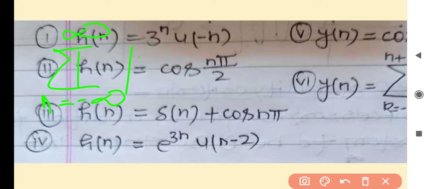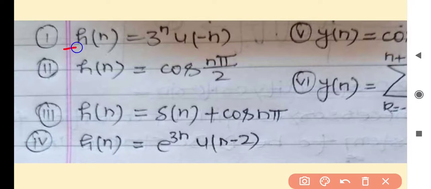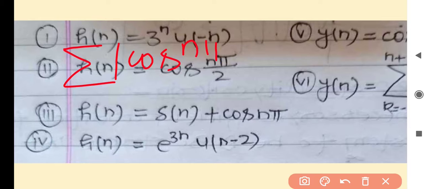We have to take the summation of mod of h[n], and if it is finite then the system is stable, otherwise the system is unstable. So when we take the summation, we will write it as the mod of cos n pi by 2, where n is from minus infinity to plus infinity.